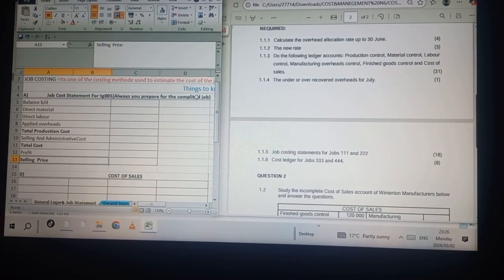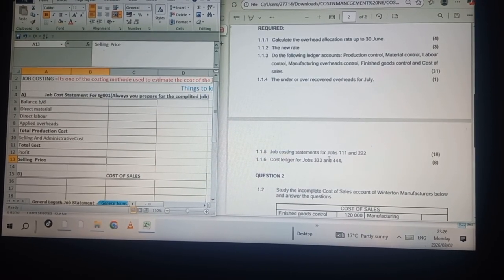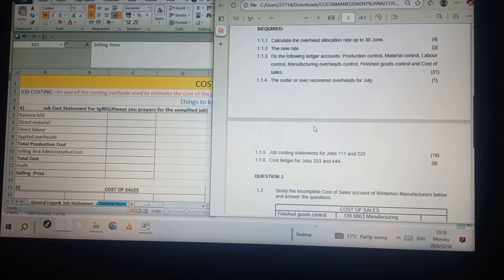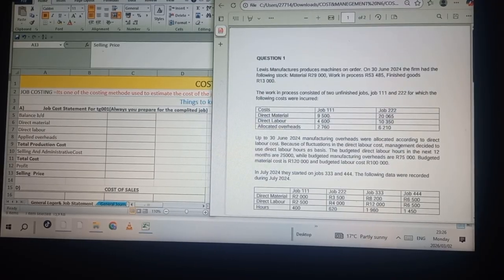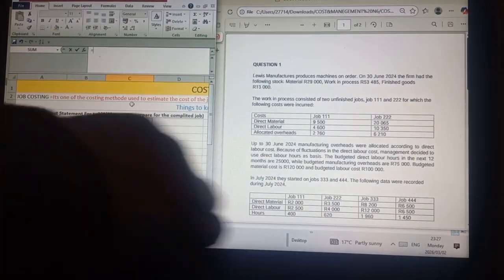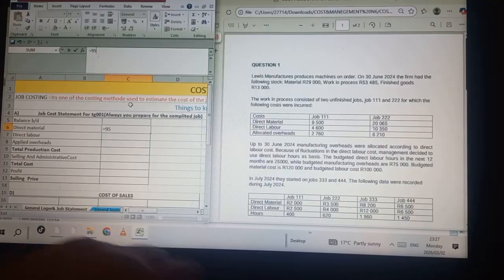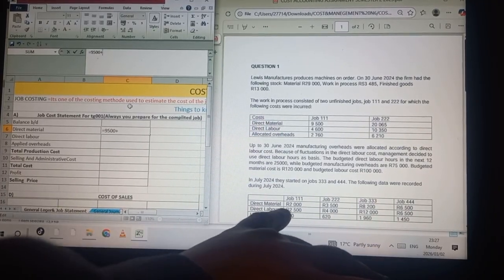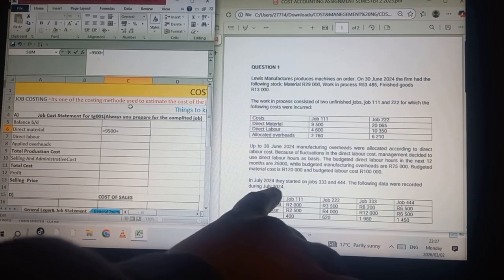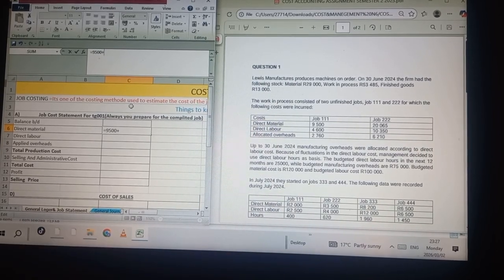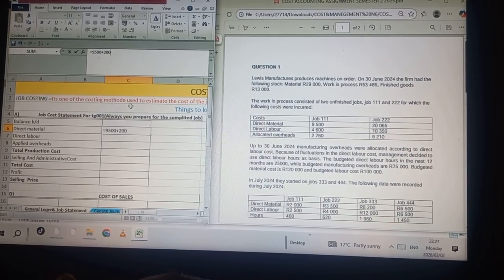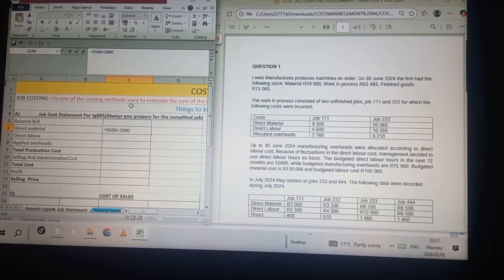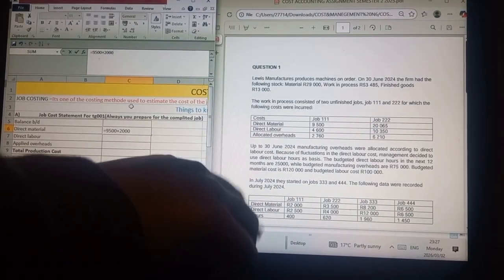This is the format. They say we should prepare for job 111 and job 222. And then we have our opening balances. Direct material is 9,500, plus direct material in July 2,000. That's the total of direct material.